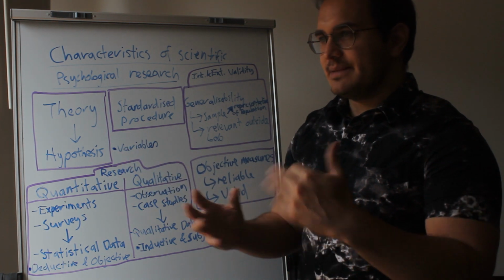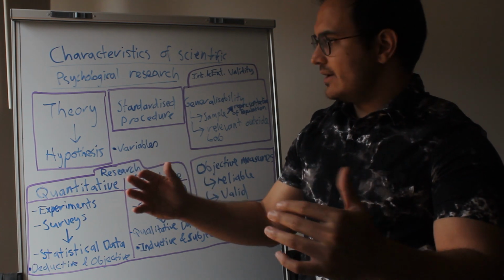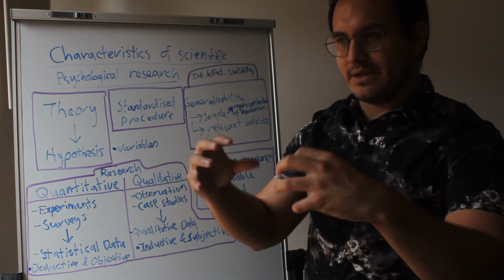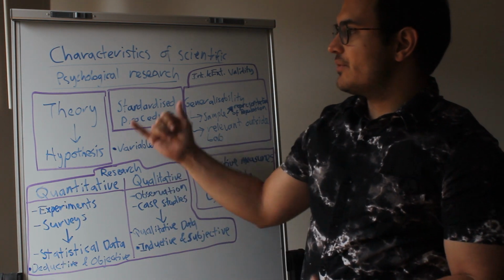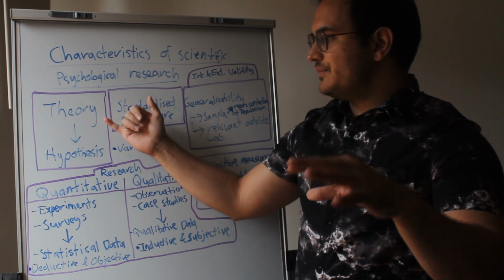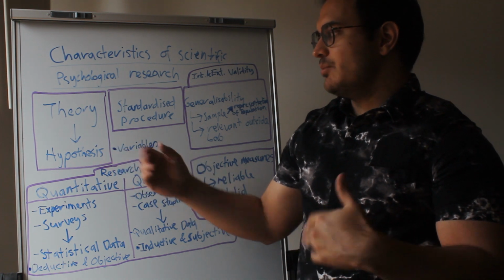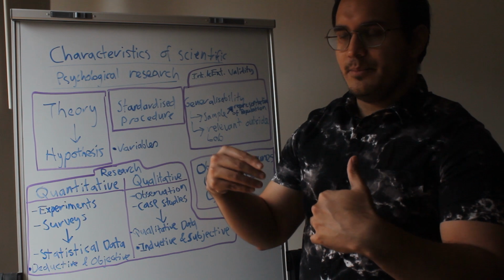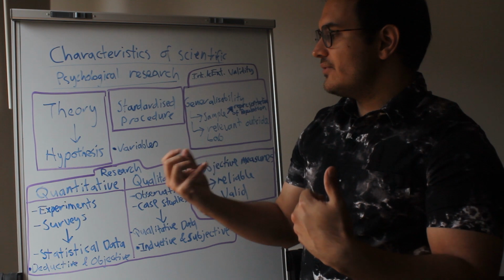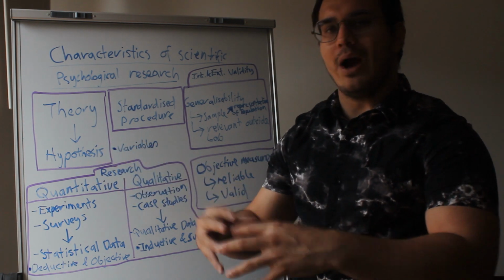A theory is a systematic way to structure our knowledge and understanding of the world, or a particular part of the world, or how something operates. Then from that theory or theoretical framework, we come up with a hypothesis. A hypothesis is something more specific, a prediction of what we think will happen.